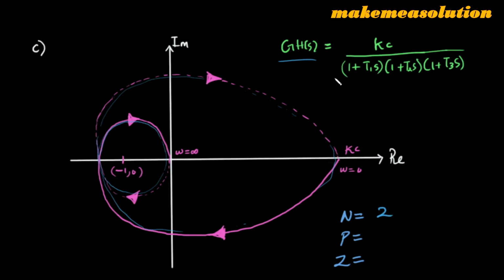So what is the value of P? As usual, remember P is open loop poles. By equating this denominator to 0, you get the open loop poles. You get s is equal to -1 over T1, -1 over T2, and -1 over T3. So all the open loop poles are negative. That means they are on the left hand side of the plane. So what does it mean?